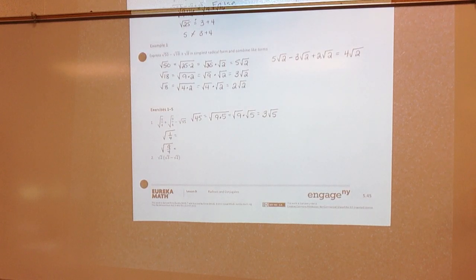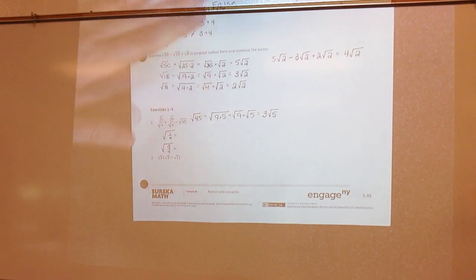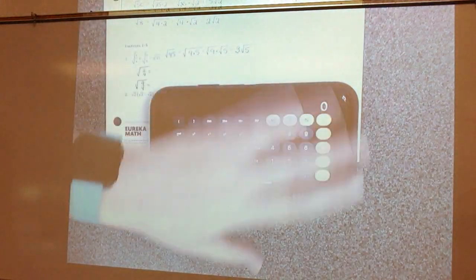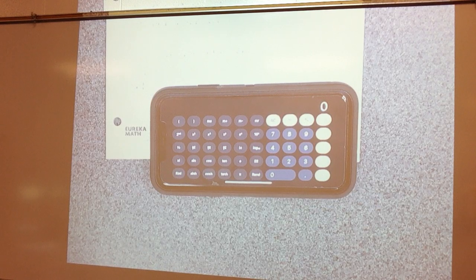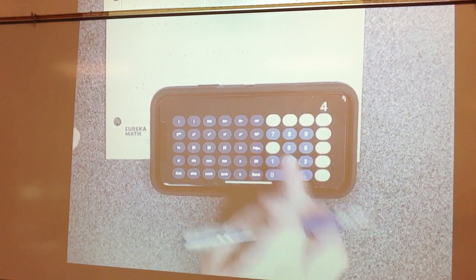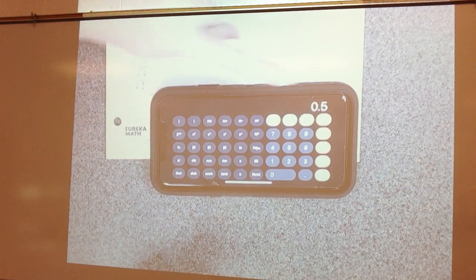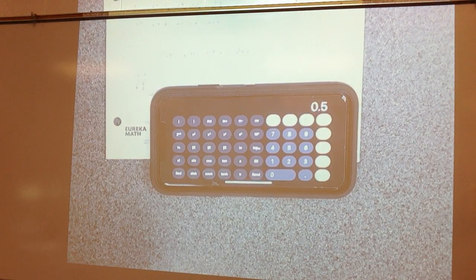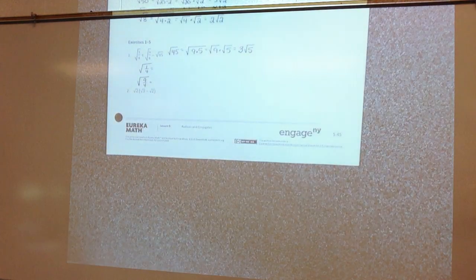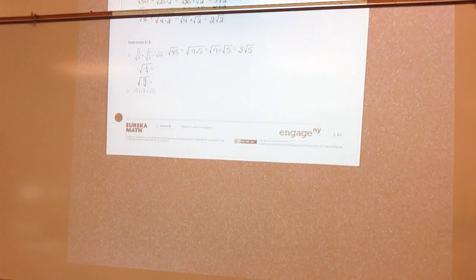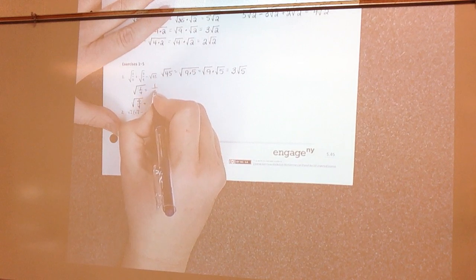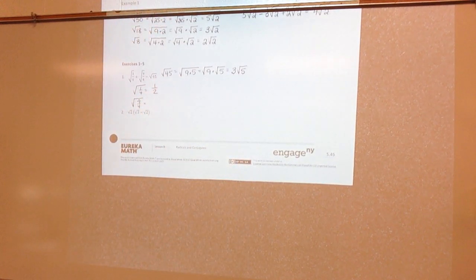If you wanted to try this on the calculator, I can do 1 divided by 4 and then take the square root, and you're going to see that 1/2 is the square root of 1/4. 1/4 is actually a perfect square because 1/2 times 1/2 gives you 1/4.